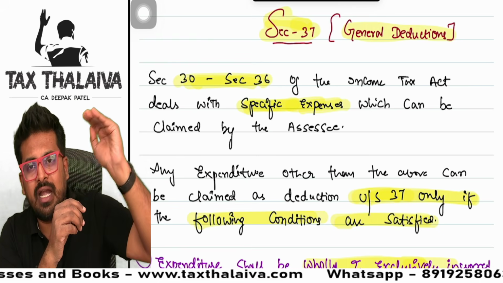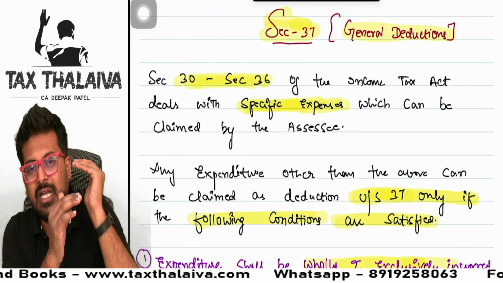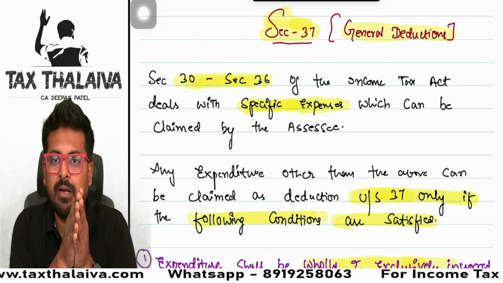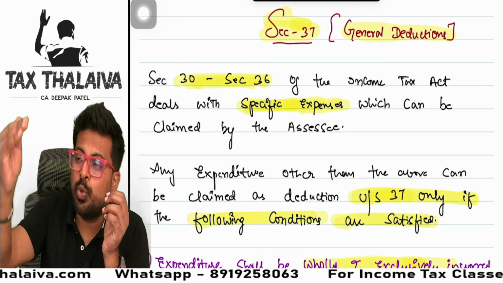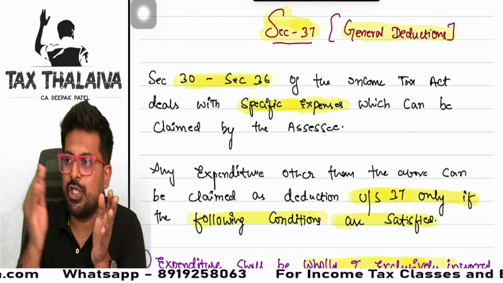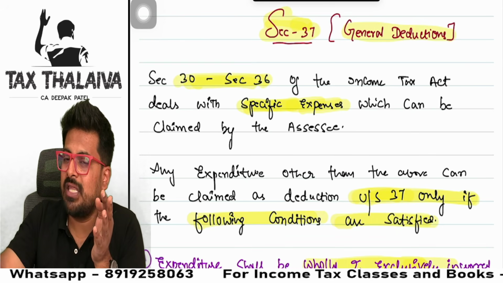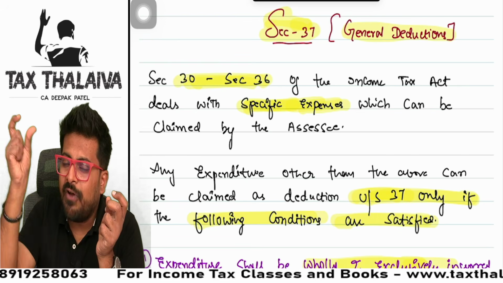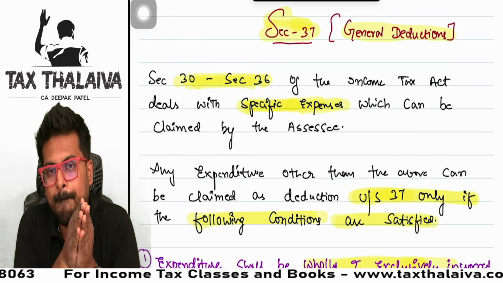Section 30, rent and rates for buildings. Section 31, repairs and insurance for furniture, plant and machinery. Section 32, depreciation. Section 35, scientific research. Section 35AD, specified business. Like this, every section has a specified nature of expenditure.